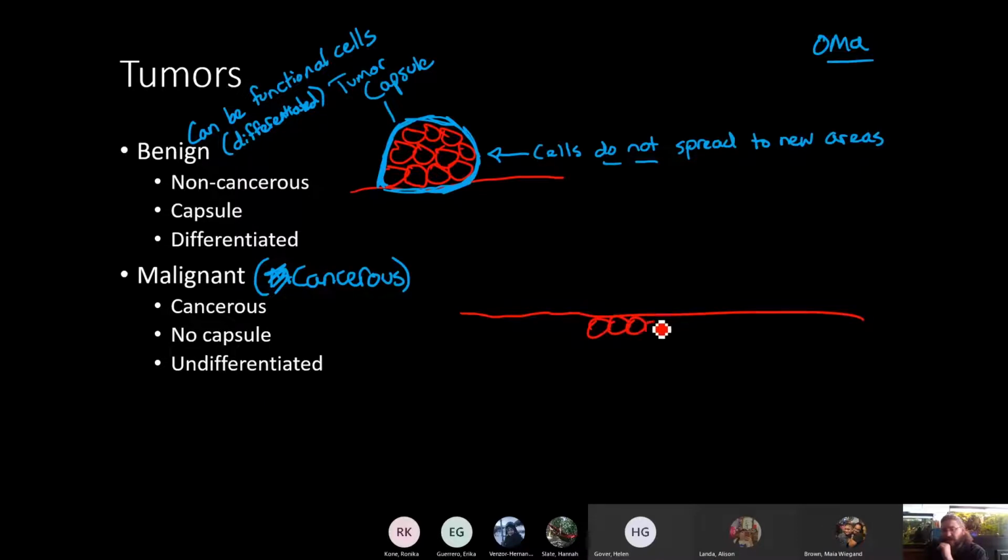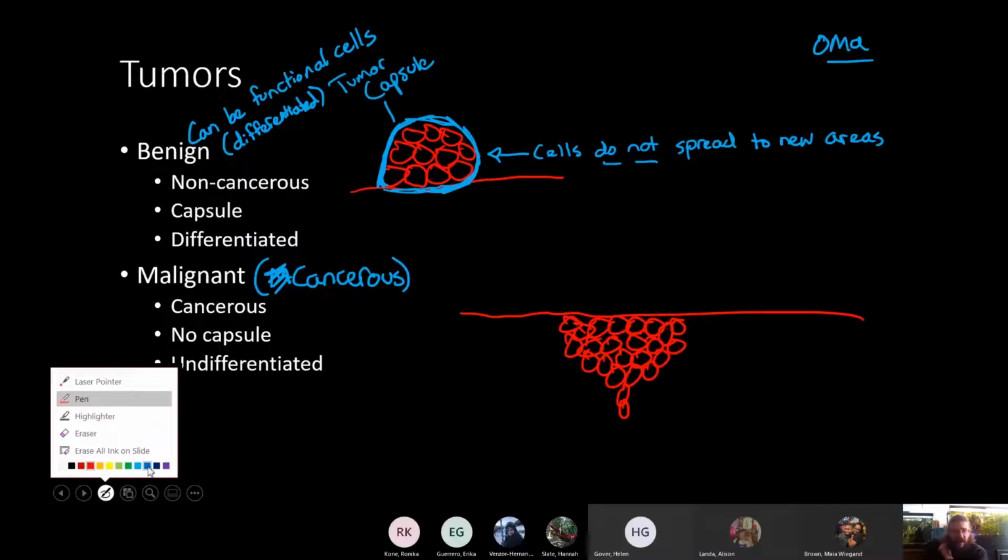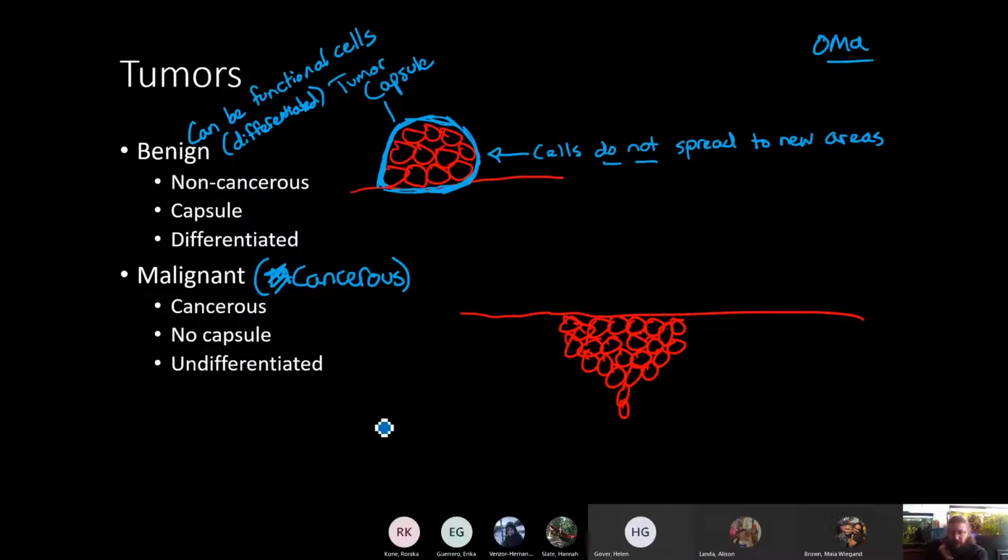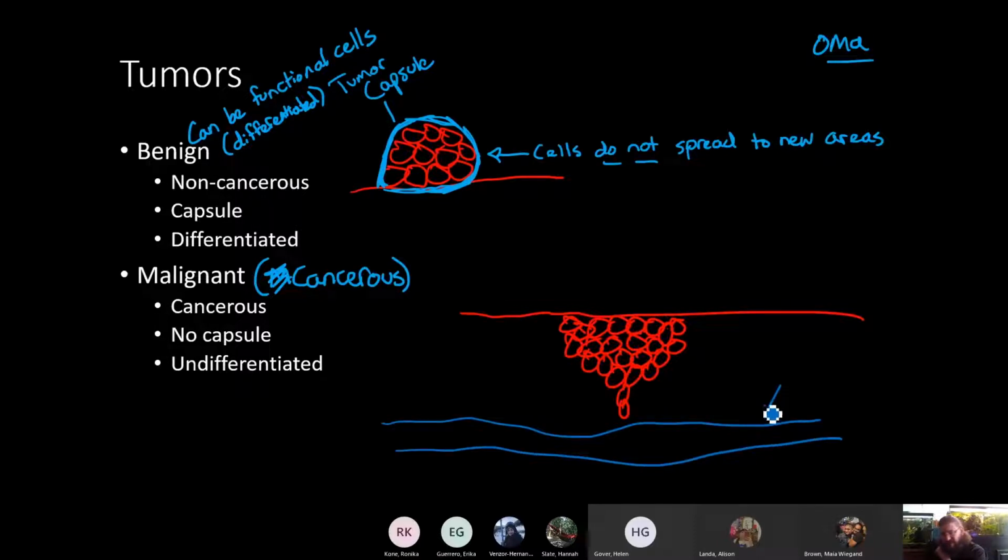So here's my tumor growing, and here is a blood vessel.